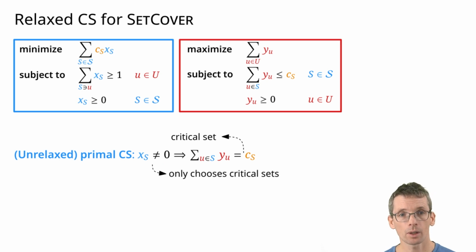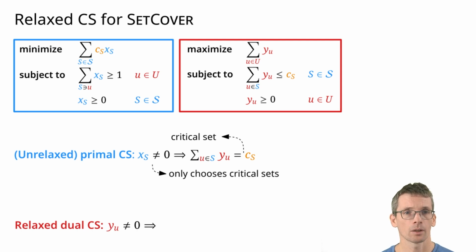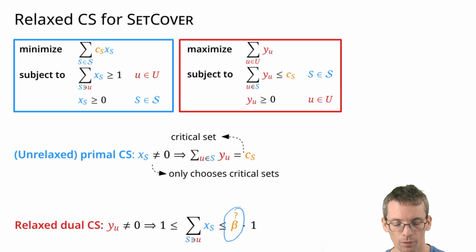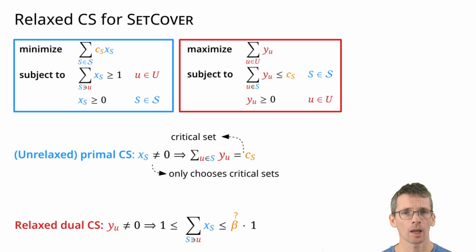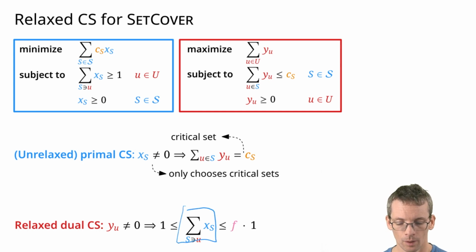For the dual complementary slackness, we will actually do the following. If yu is not 0, then I will allow myself a factor beta here, but I'm going to set beta to f. And what does that actually mean? Now I'm saying the sum of the xs that contain u, for any element u, should be at most f.